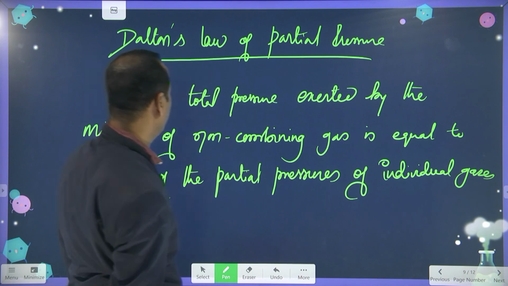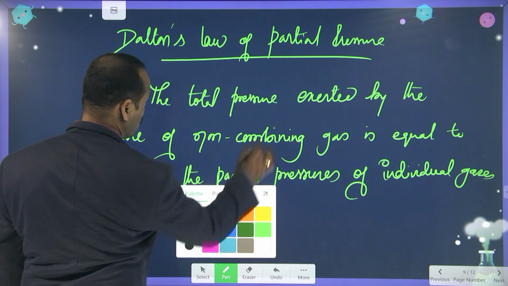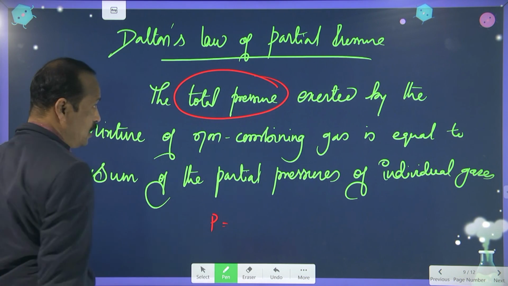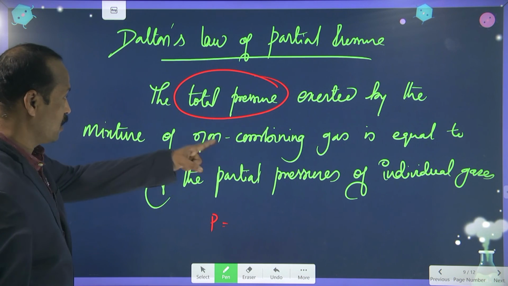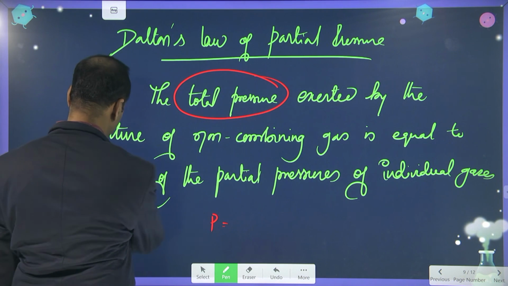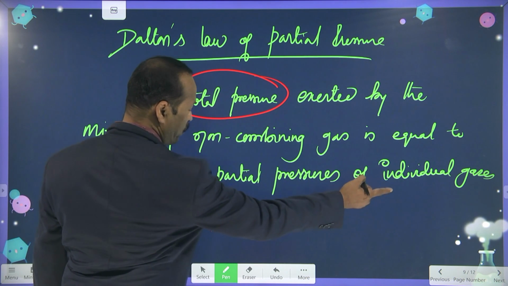That's all. So here the total pressure, let's think of this as P. The total pressure exerted by the mixture of non-combining gases is equal to the sum, which is the addition, of the partial pressures of individual gases.